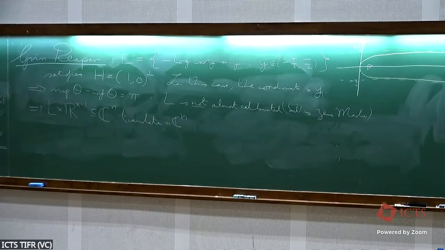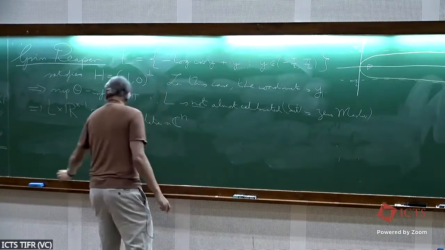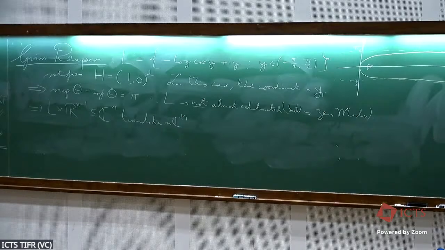That couldn't happen. So it was thought for a long time that there were no Lagrangian translators that are almost calibrated, because this was the thing that you could think of. So then maybe there isn't any others. And that was a reasonable guess, but it turned out to be wrong. And so here is the thing which actually turns out to be true.